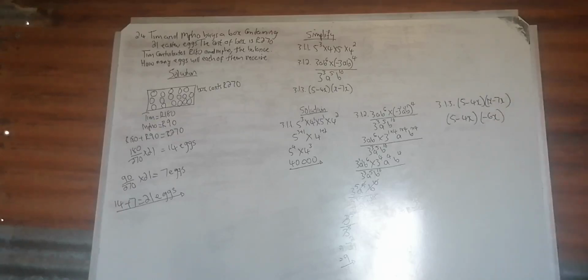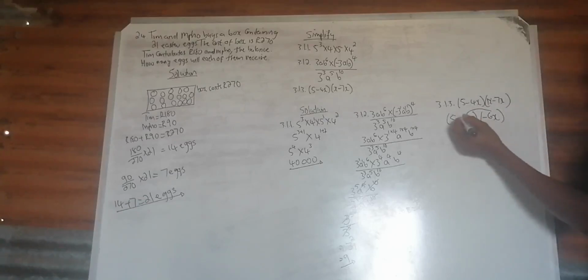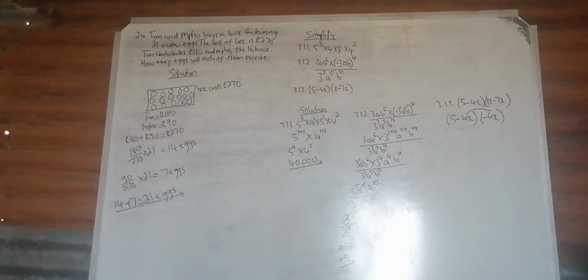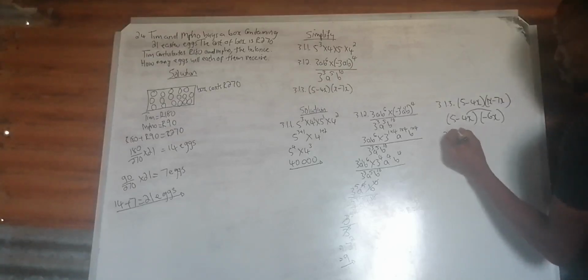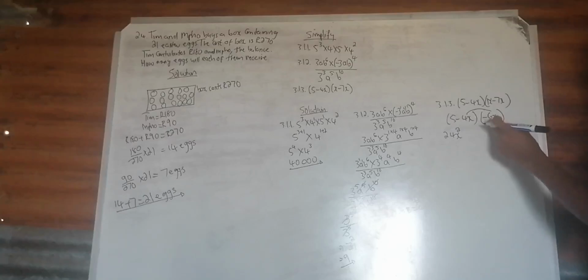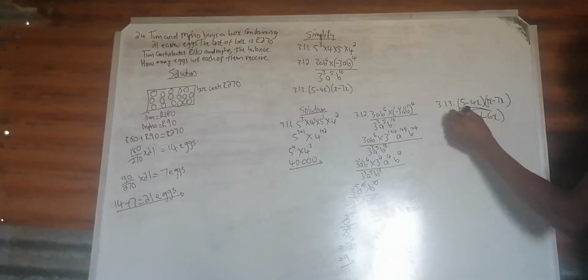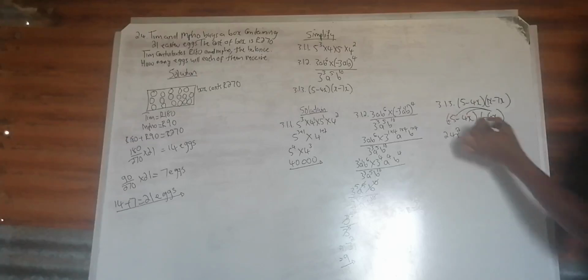I can simplify. Now you need to remove the brackets by the distributive law of multiplication. Negative 6x multiplied by negative 4x: 6 times 4 gives 24, so 24x squared, because negative 4 times negative 6 is 24, and x multiplied by x is x squared. And then multiply again. Remember, this is positive.